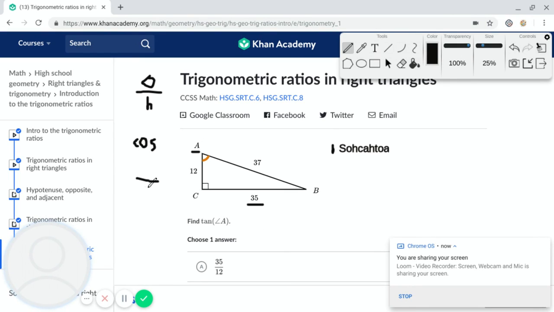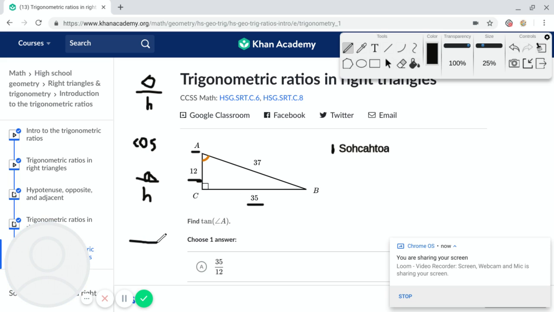Since we already went over what the hypotenuse is, we'll just go over what an adjacent side is. Pretty much the adjacent side is the side that is touching the angle, but that isn't the hypotenuse. So in this case, that would be 12 over here. So yeah, 12.